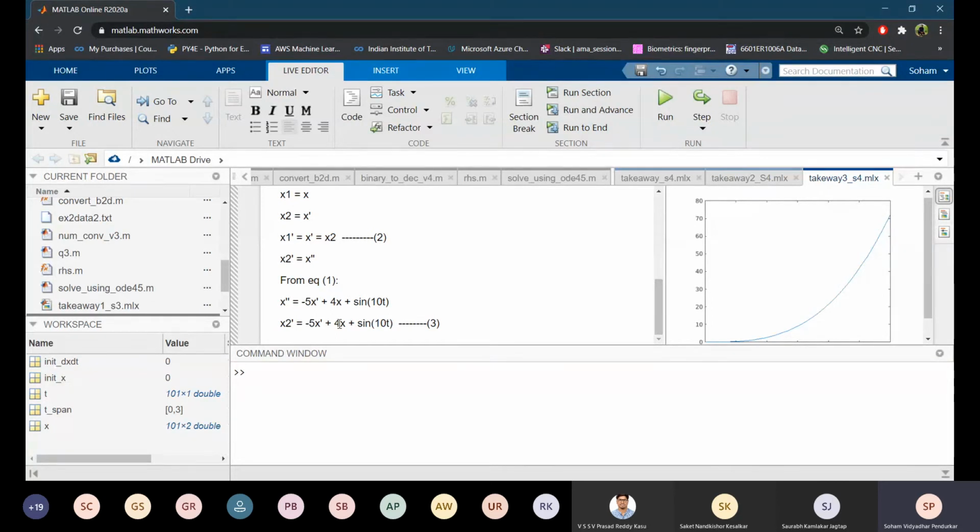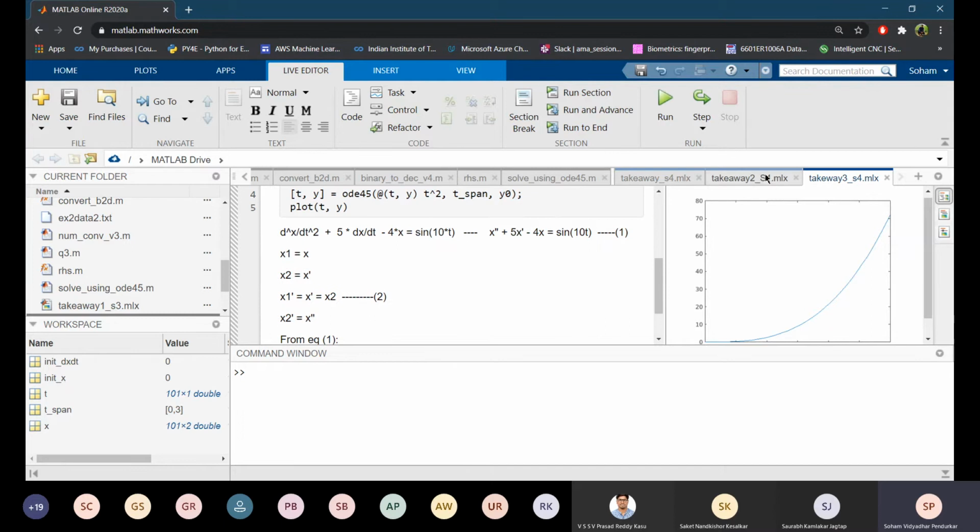So x1 and x2 are my two variables because I'm talking about two differential equations here and two unknowns. Since these are simultaneously being solved, I'll need two variables and two equations. So I created the variable x as a vector with two kinds of values, the x and x dash value, depending upon how I'm specifying this.